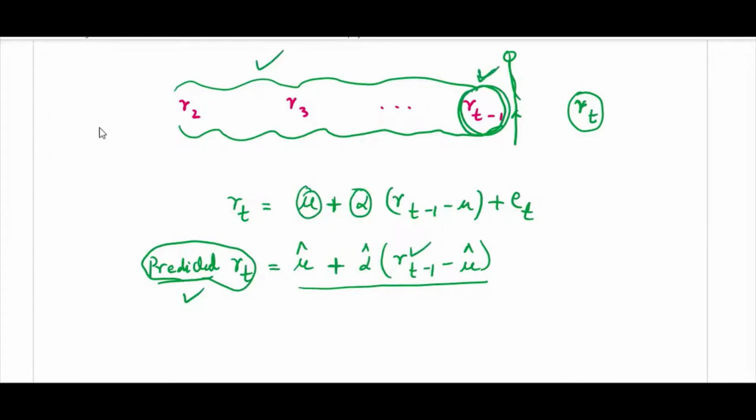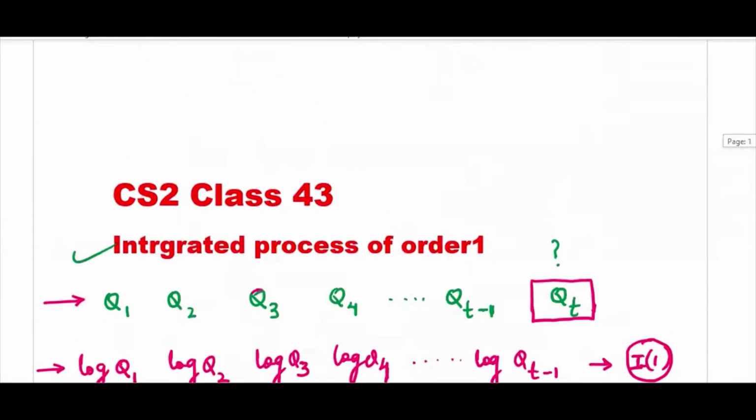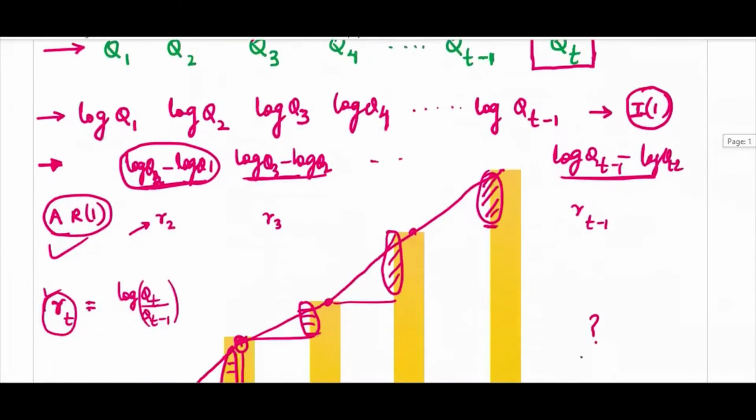Later you will see this is a Markov process. We say AR1 is Markov because we are using only one step of information. However, to estimate these two, we'll use the whole data available. AR2 is not Markov because in that formula we'll have two terms. Now, I'm not going to that. We'll come to those things later. So this was one example of AR1.